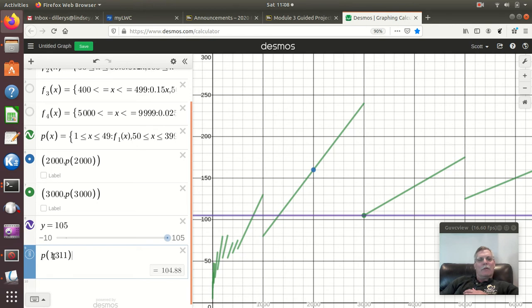So if I really had my heart set on 1,311, then I should probably buy 1,311 at $104.88. Now, you can get into practical things like, well, hey, it's 12 cents, go ahead and order 3,000, but we're looking at the mathematical part of it, and just trying to get an idea of where that should change.